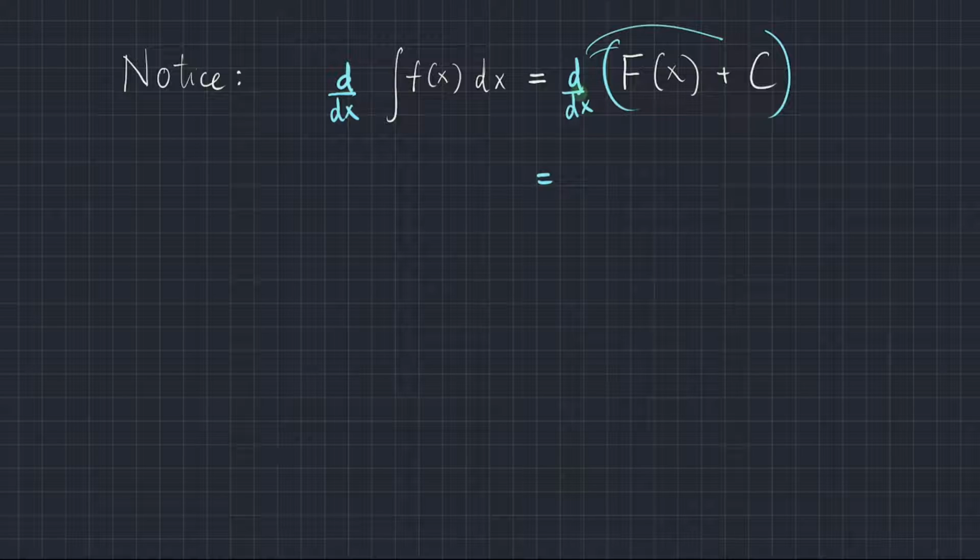Now, the derivative of the antiderivative we simply denote as F prime of x, and the derivative of the constant is simply 0. But as we know, F prime of x is nothing but the integrand, lowercase f of x, this one. And so we have concluded that when you differentiate an indefinite integral, you end up getting the integrand.